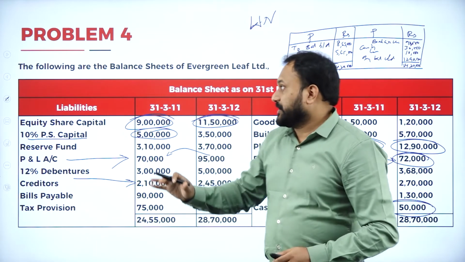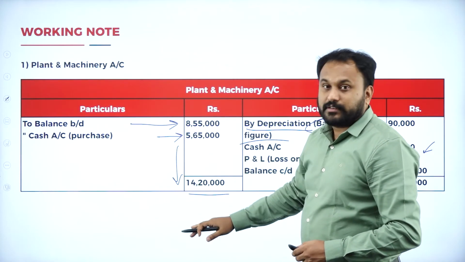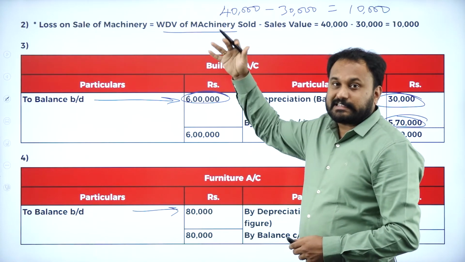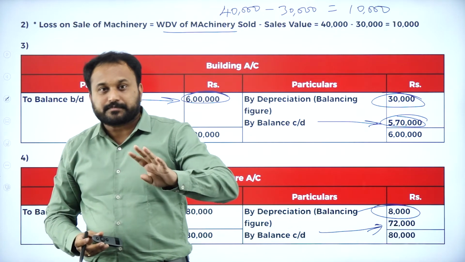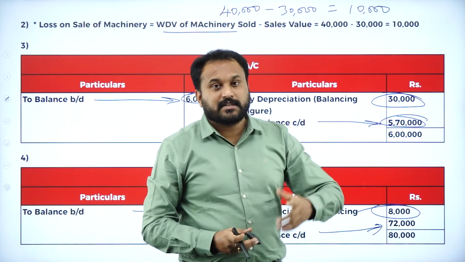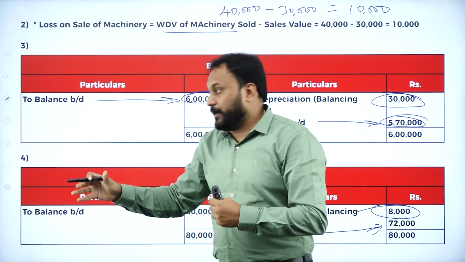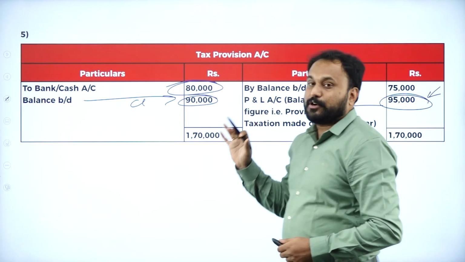See, in the question, what all we did: the working notes, that is the plant and machinery account. Then we went with the loss: the book value was 40,000 and we sold it for 30,000, so 10,000 is a loss. Then we did the building working note, the furniture, and the tax provision account.